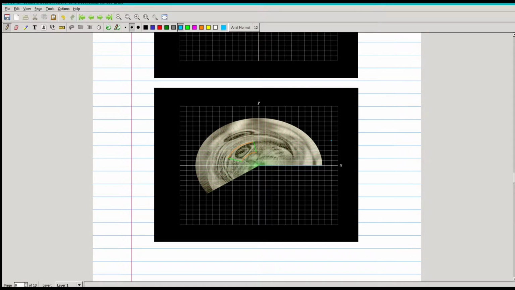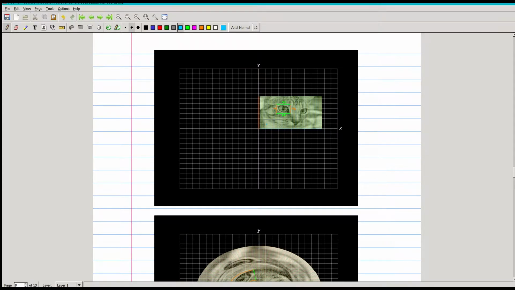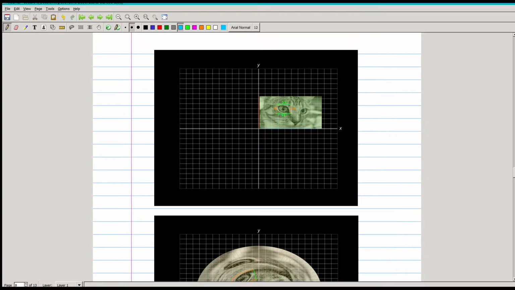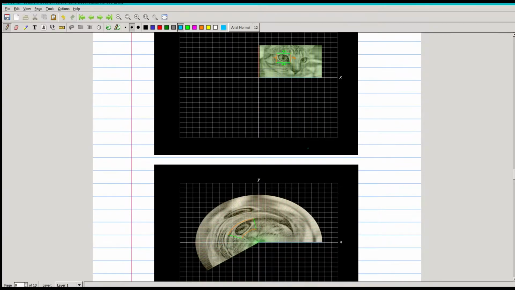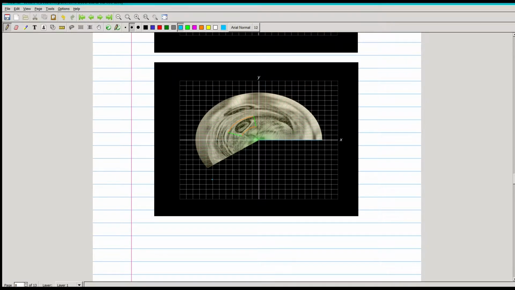So the area of, say, the eye of this cat right here is being distorted a little bit less than the area here, which is further out along on the radius value. This area right here gets distorted a lot more. So this provides, I think, strong evidence for why you need to alter this.